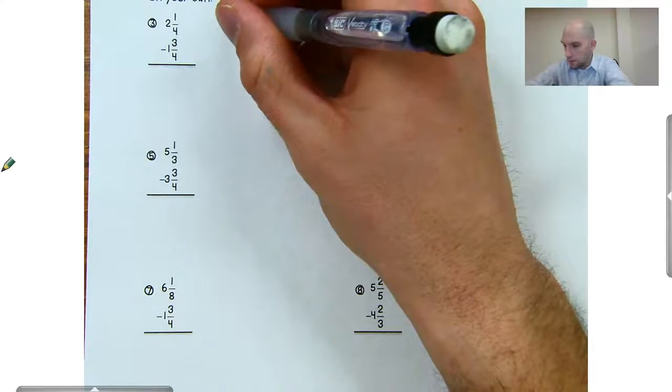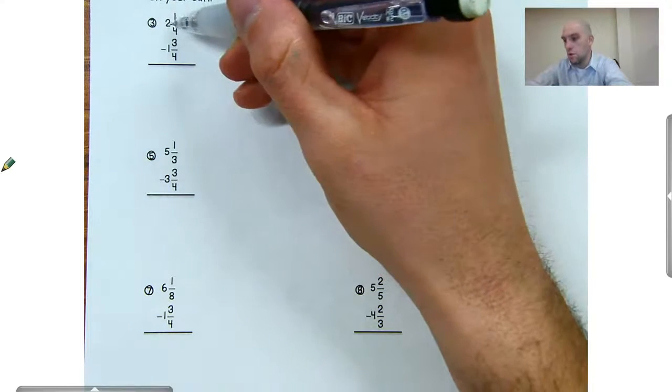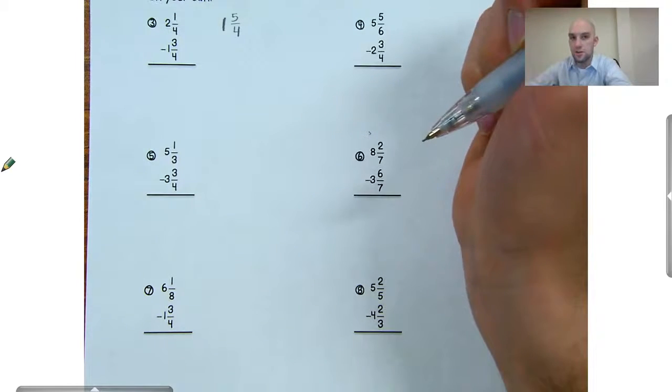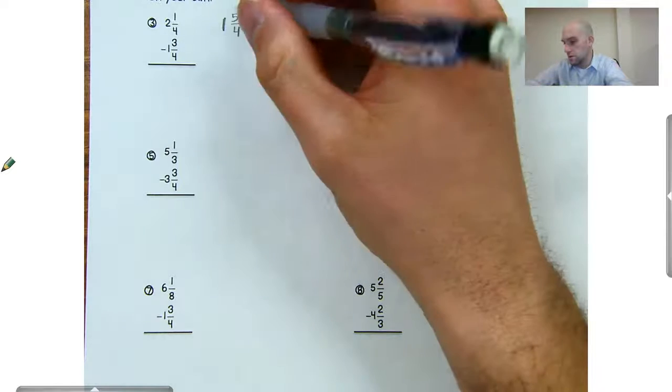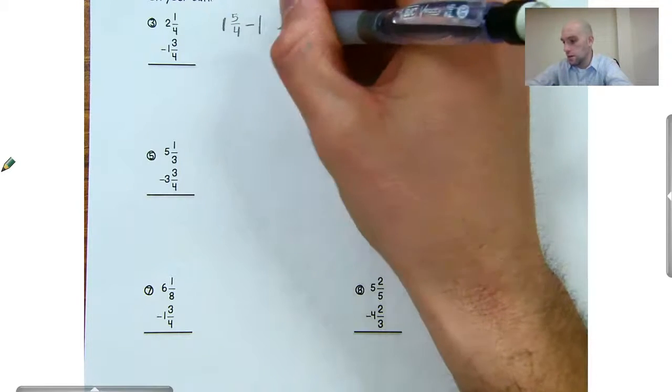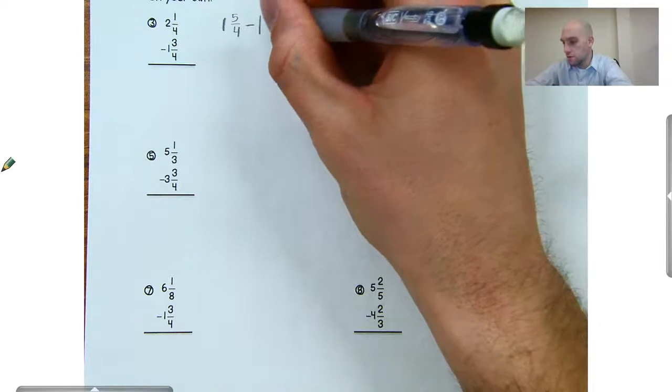That's the trickiest part about this whole thing, is we're turning one of our whole numbers into a fraction. So we have 1 and 5/4 minus 1 and 3/4.